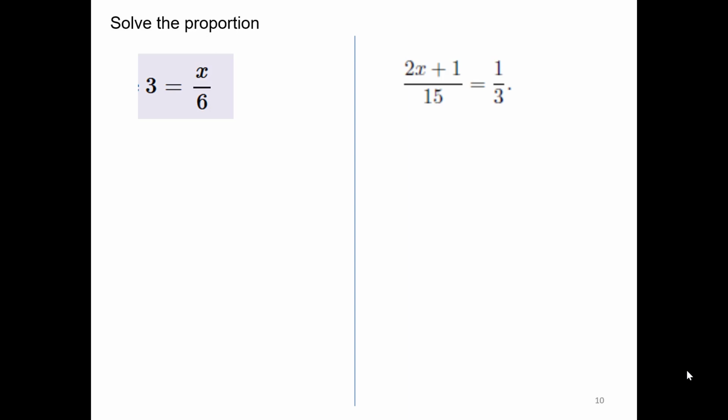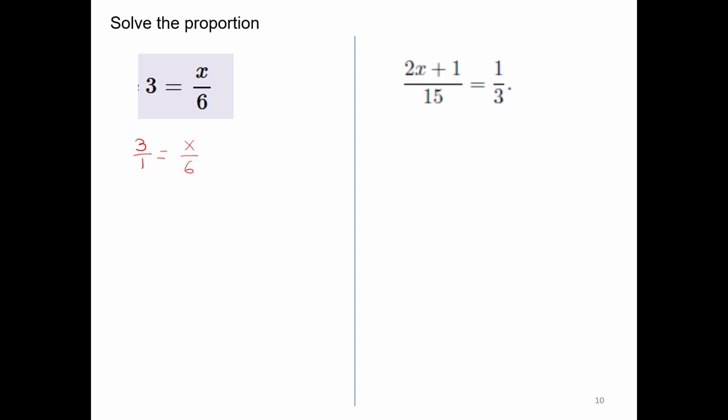In this case, we want to solve this proportion: 3 equals x over 6. And we want to apply the cross product to solve. Because we need a fraction, we can rewrite 3 as 3 over 1, equal to x over 6.